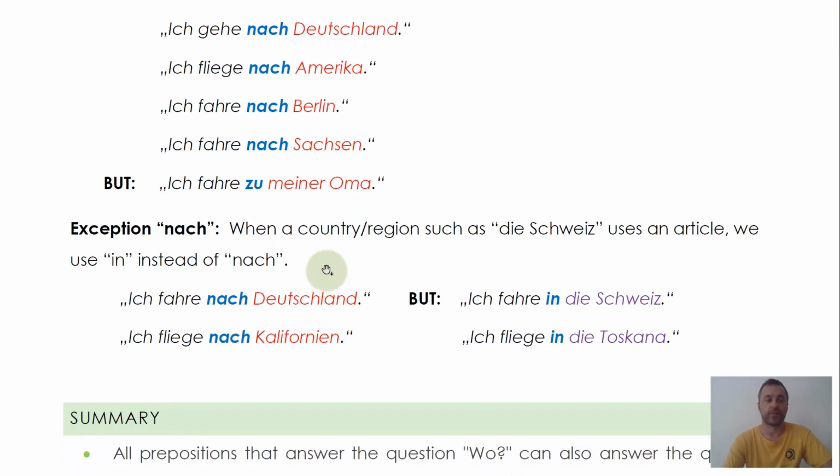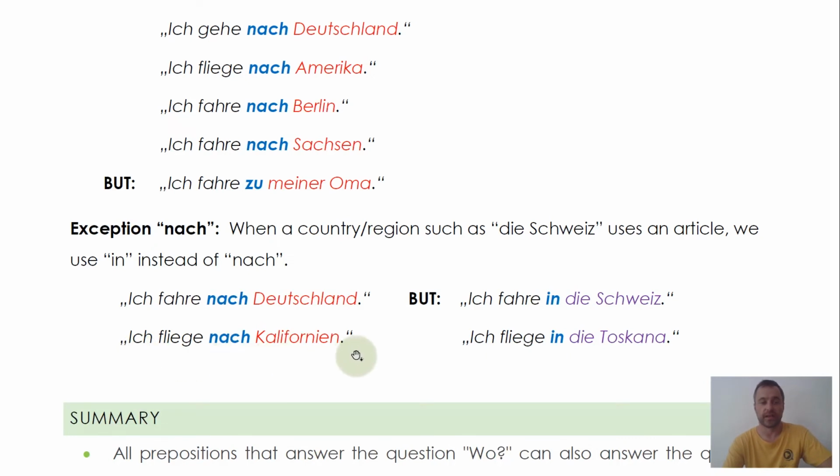There's one exception to nach, and it's always when we use a country or region, such as die Schweiz, with an article. If there's an article in front of the country or region, we use in instead of nach. So, ich fahre nach Deutschland, but ich fahre in die Schweiz. Deutschland doesn't use an article, Switzerland does.